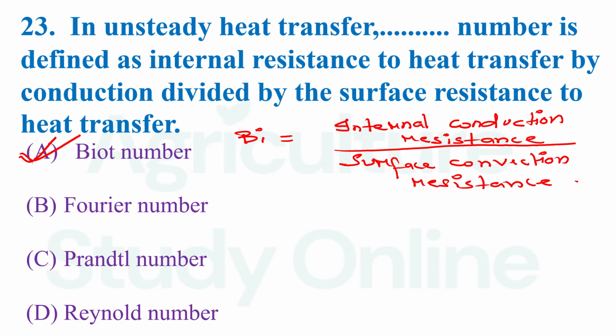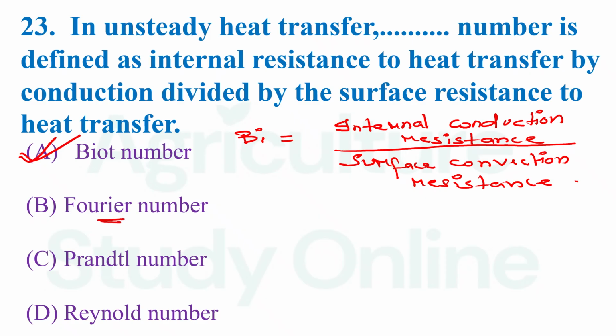This is what exactly matches: internal resistance, that is conduction, and surface resistance, that is convection. So the Biot number compares the internal heat conduction with the surface heat transfer.